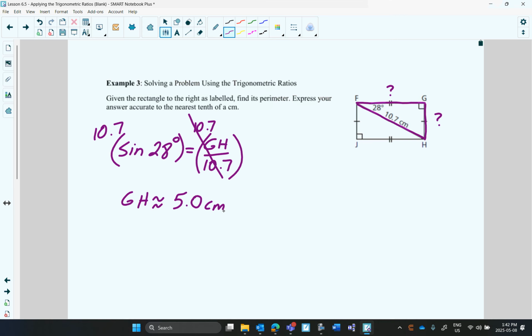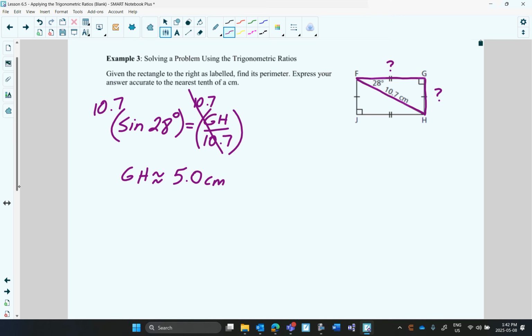Now we could use Pythagoras to find FG, or we could just go ahead and do trig again. I always like the trig, to be honest. So, what's the name of this side in relation to 28 degrees? Adjacent, and then we've still got hypotenuse, or we've got opposite, because we just found this, but I'm going to use this one again. So adjacent, hypotenuse means cos.